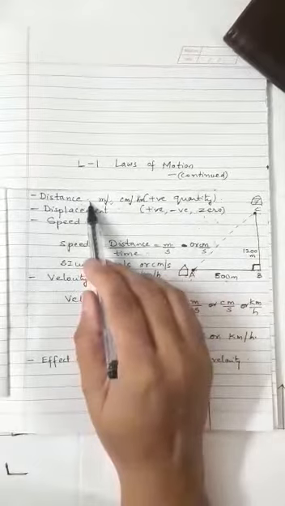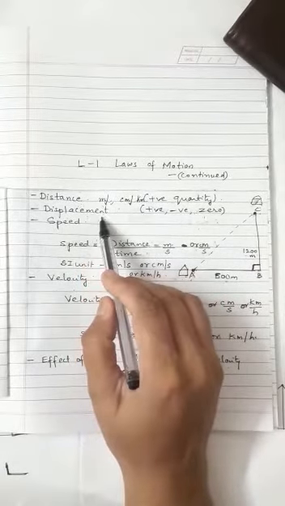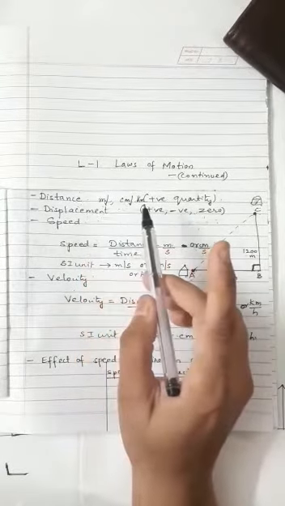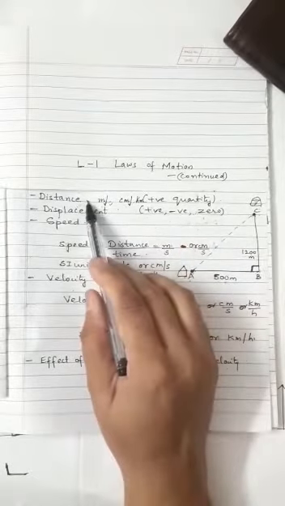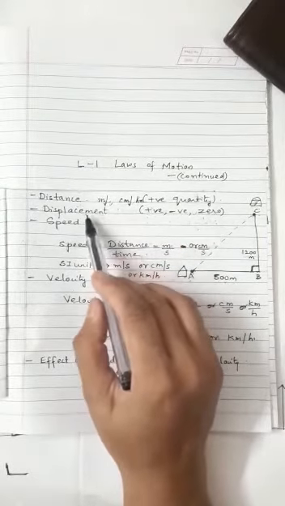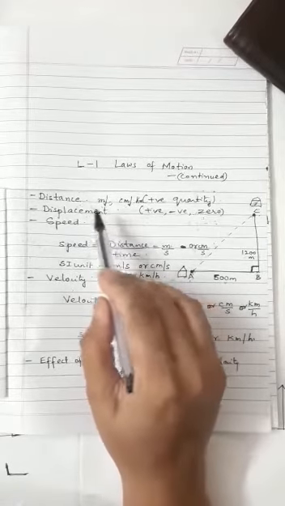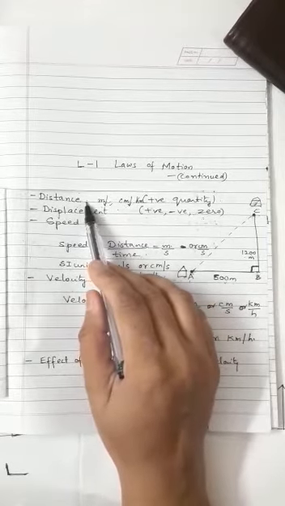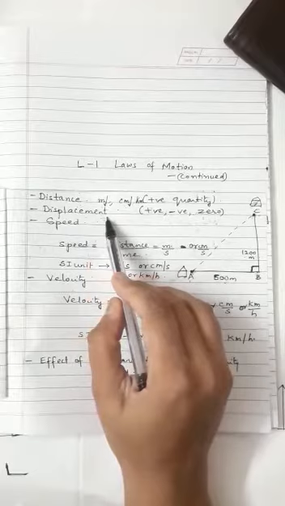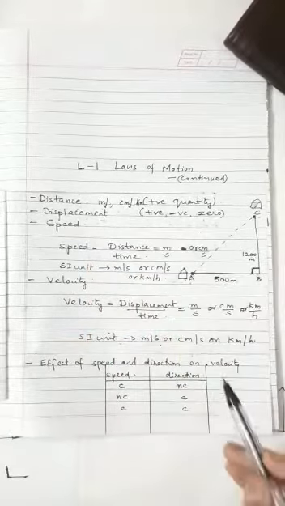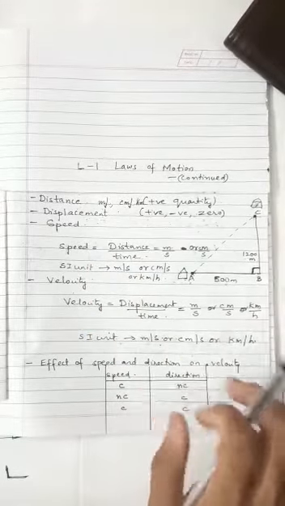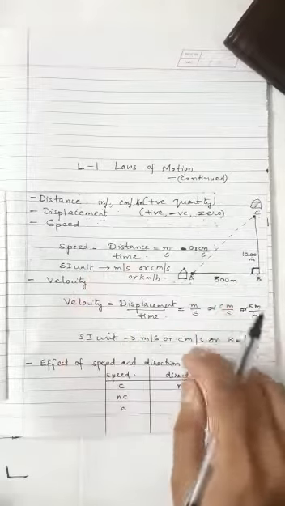But distance is classified as scalar and displacement is classified as vector. Okay. Now, to understand distance and displacement, let us take some examples.